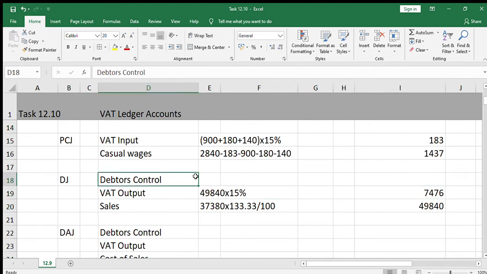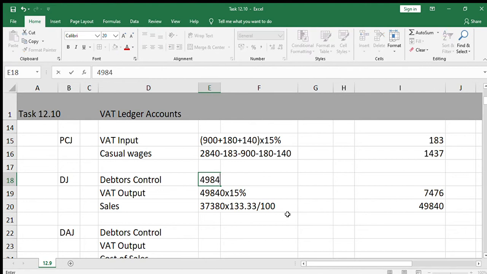And then the debtors control amount is going to be the sales amount 49840 plus the VAT amount of 7476, because the debtors are owing us the full amount including VAT.